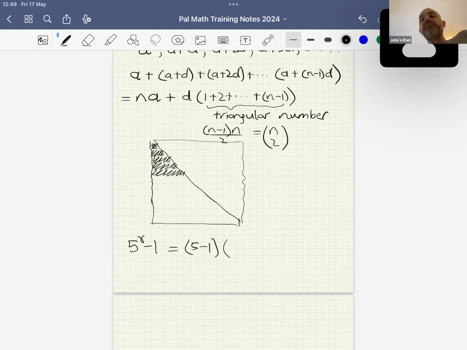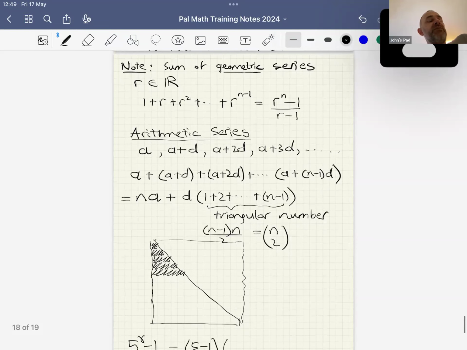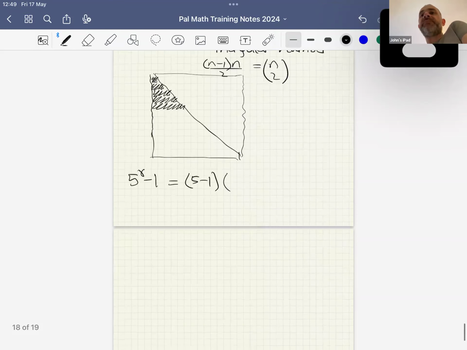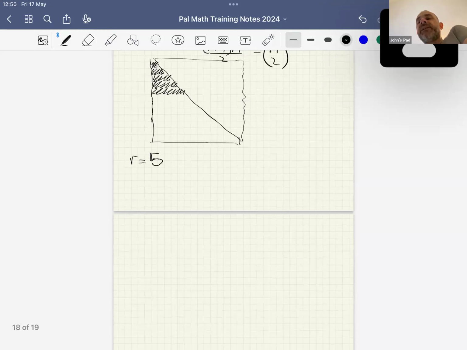If you take r equals 5, what you get is 1 plus 5 plus up to 5 to the gamma minus 1 is equal to 5 to the gamma minus 1 divided by 5 minus 1.